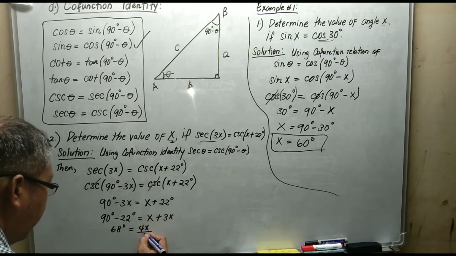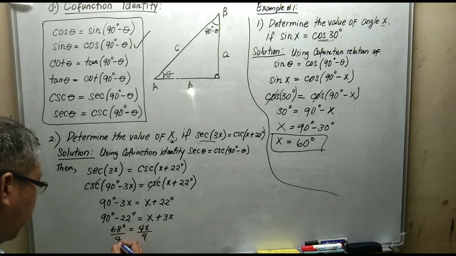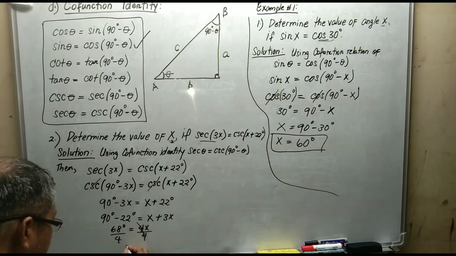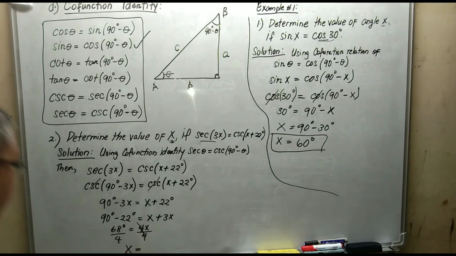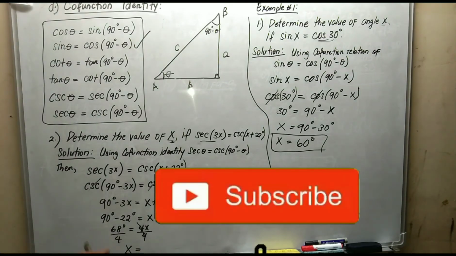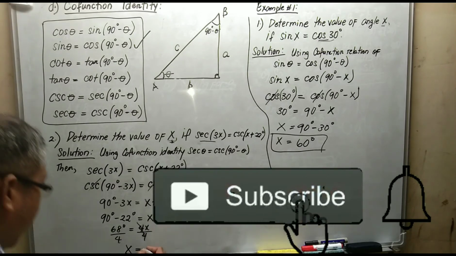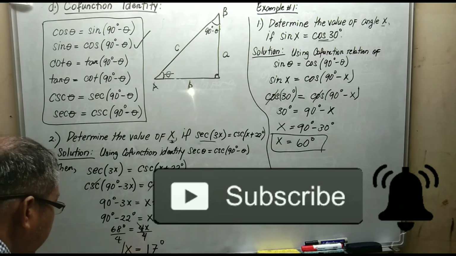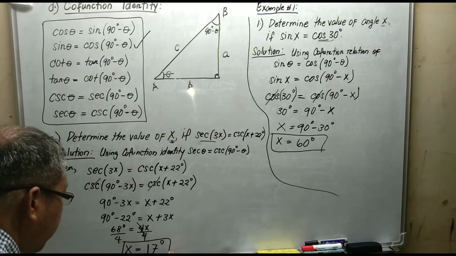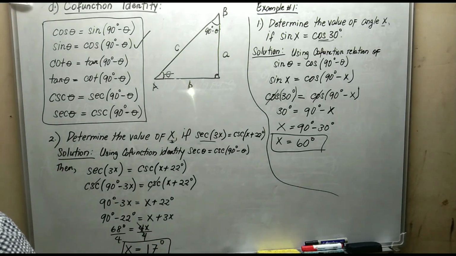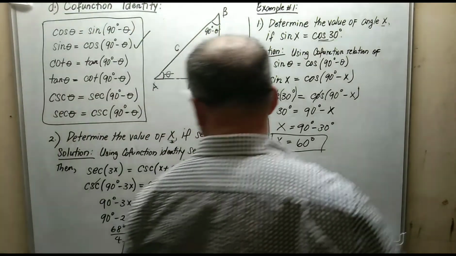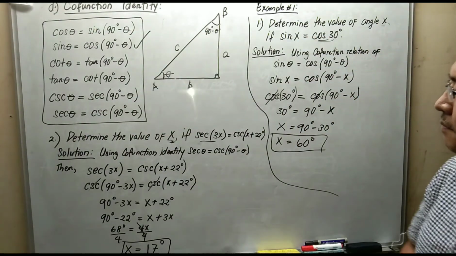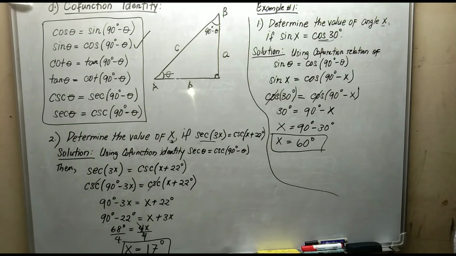To bring down 4, cancel. So x will be equal to how much the value? 68 divided by 4. So there are 17 degrees. Okay, guys. So I hope you understand our second example problem regarding cofunction identities.